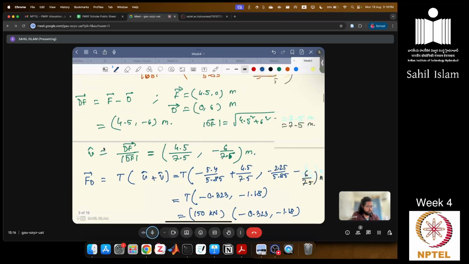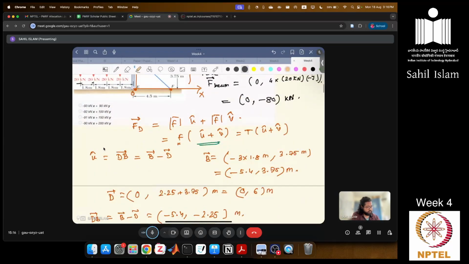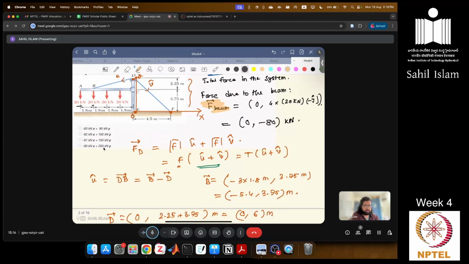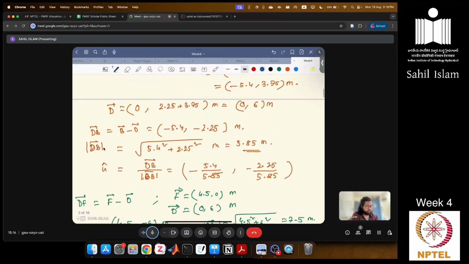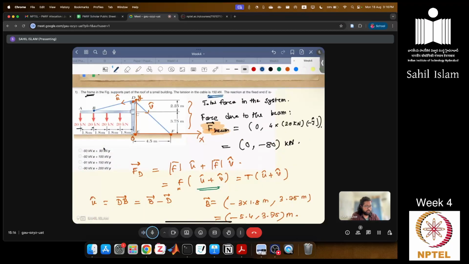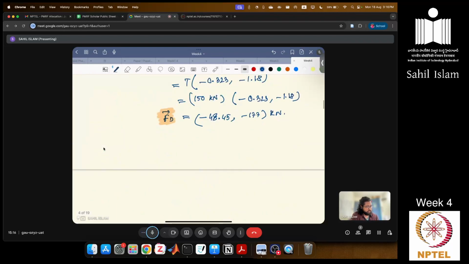Okay, so one force we got, F of beam, we already got it. Now F at D we got. Now there is another force which will act here at this point due to this tension, balance of the load and the rope. So let's find out what it is. This force will act opposite to this U cap and will have magnitude equivalent to the tension. So F at B becomes this tension times minus U cap.